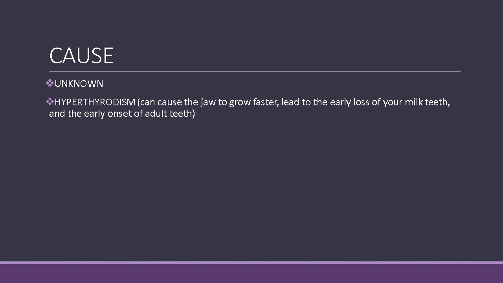The cause is mostly unknown, or it may be because of genetics. There's also one disease called hyperthyroidism, which is an increase in activity of the thyroid gland, so there is increased production of T3 and T4 hormones. Hyperthyroidism accelerates jaw growth, and it also leads to early loss of the deciduous teeth, the milk teeth, and early eruption of the permanent dentition.